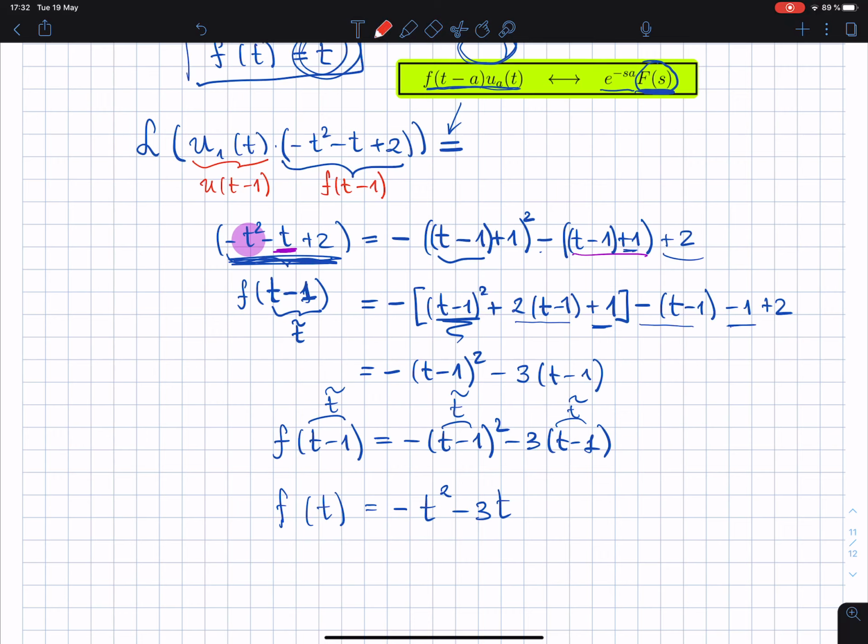And this function, f of t minus 1, can also be written like this. And that's what helped us to know who is f of t. f of t is this function. Now, I have exactly what I want here.